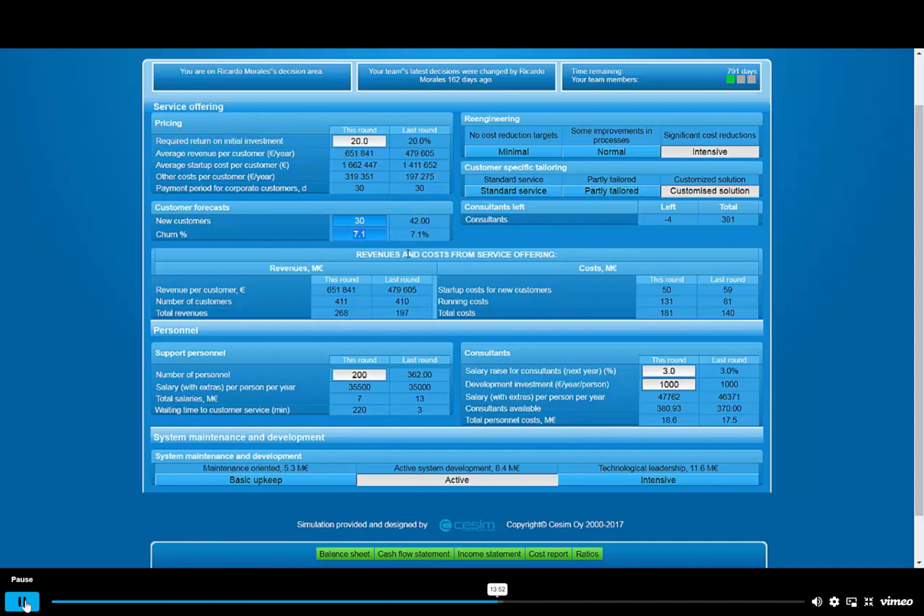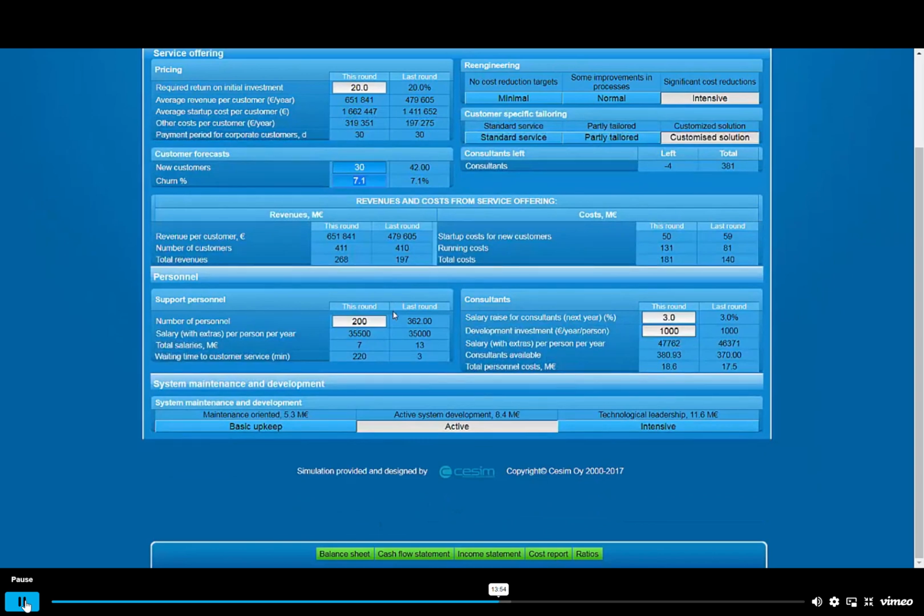Now, one factor that has high impact on the churn rates is the support, and here we decide the number of support personnel. The support personnel becomes available immediately, and now if we don't have enough support, it means that the waiting times will increase drastically. Like here we see that we are cutting down the support staff, and based on the estimated number of customers, the system is now expecting that the wait time is going to be 220 minutes, which is totally incomprehensible.